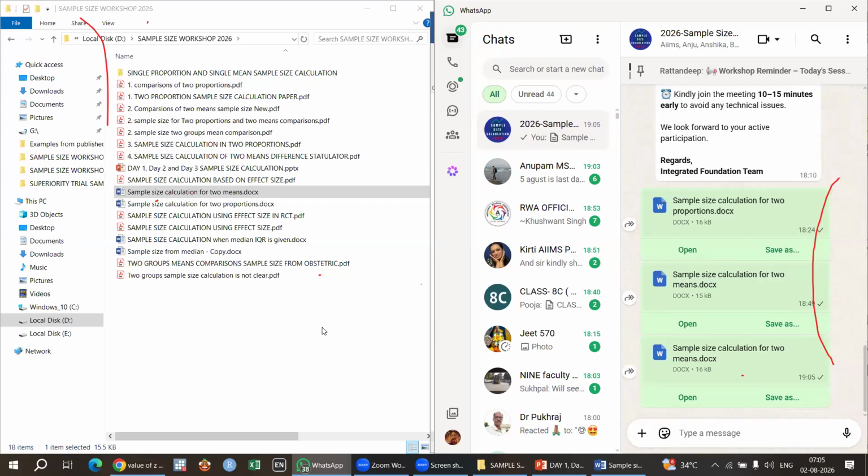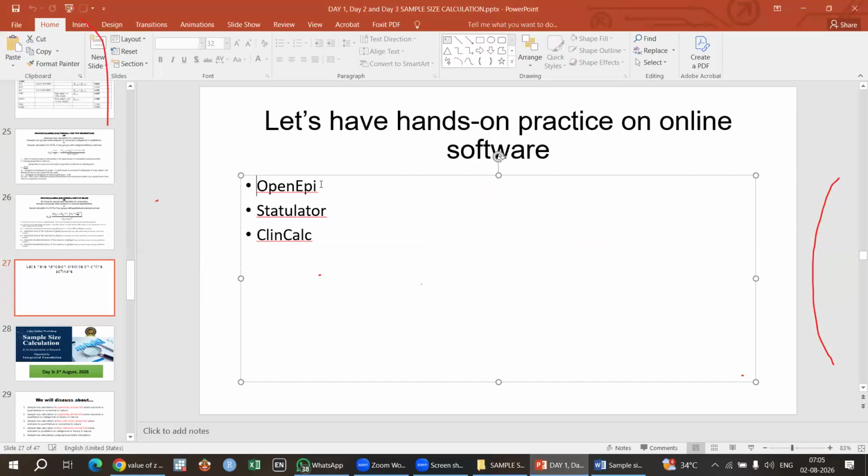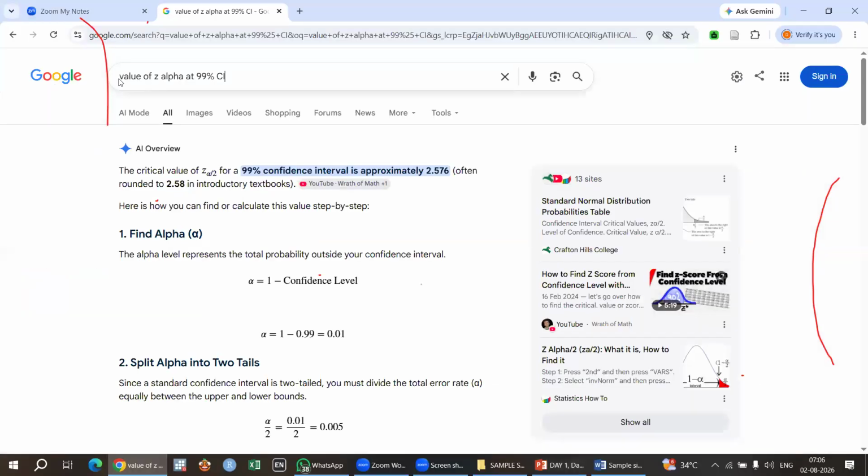So first software, where is my slide? Yeah, OpenEpi. Number 2, Statulator. Number 3, ClinCalc. Okay. So ClinCalc we will do first. So what we have to do? Just type here in your Google. Please do this side by side.